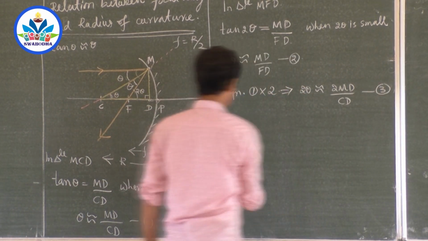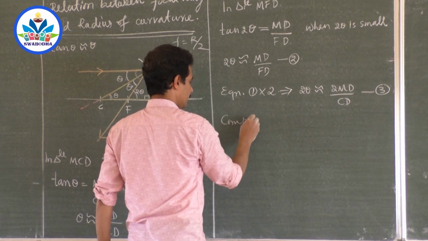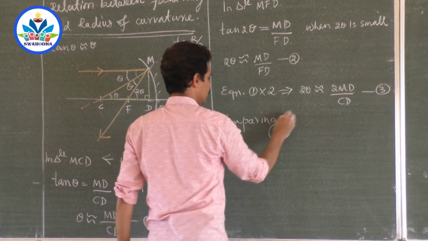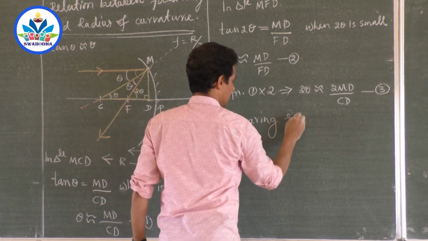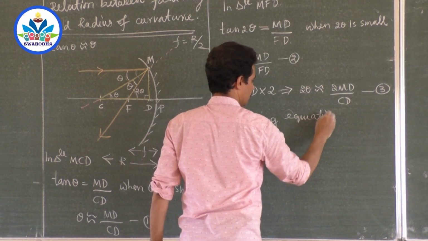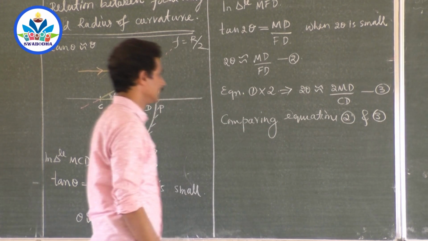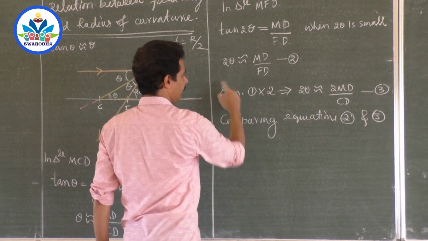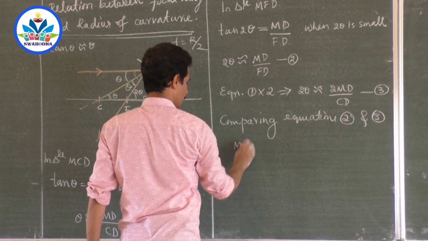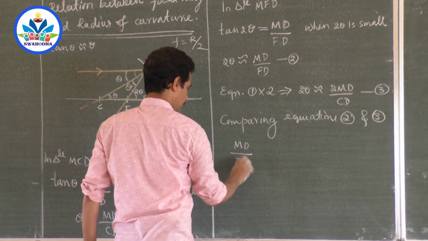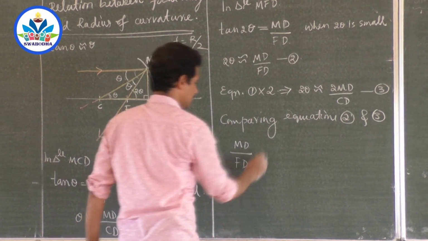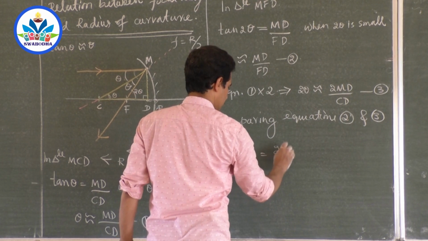Now comparing equations 2 and 3. Now it is purely mathematical. Comparing equations 2 and 3, what do we get? Left hand sides are same, so the right hand sides: MD by FD is equal to 2 MD by CD.